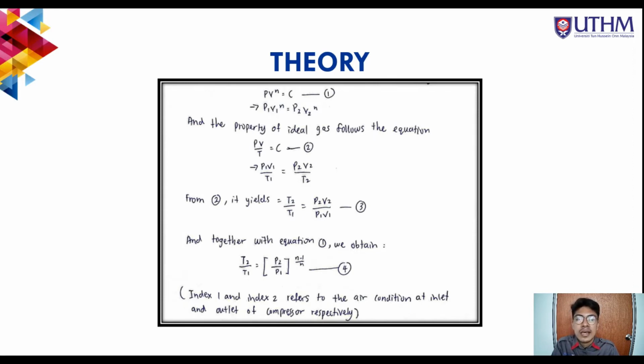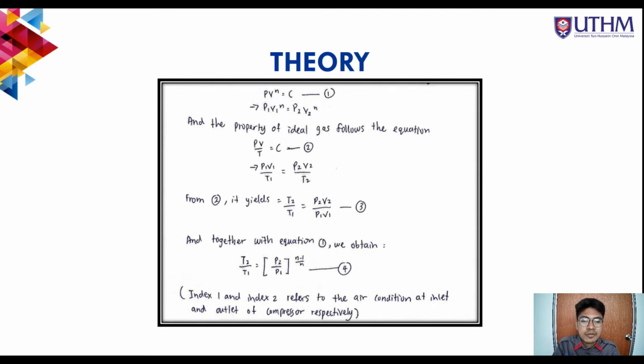From equation 1, PV^n = C, we will get P1V1^n = P2V2^n. And the property of an ideal gas follows the equation PV/T = C, which forms equation 2. And we will get P1V1/T1 = P2V2/T2.